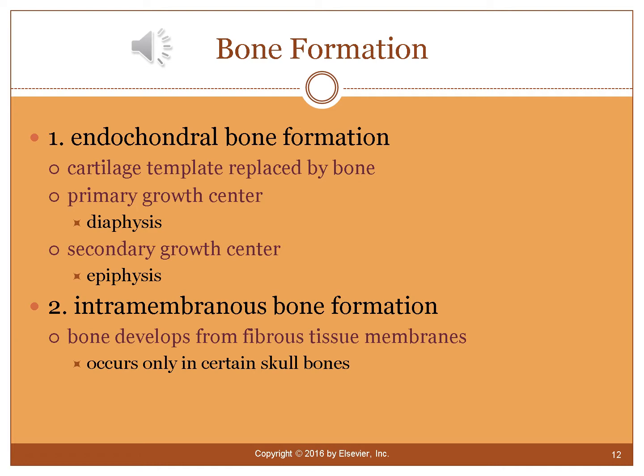Second growth center is the epiphysis. And then the intramembranous bone formation is bone development from fibrous tissue membranes. Intra also kind of means inside, but this is only occurring in certain bones of the skull.